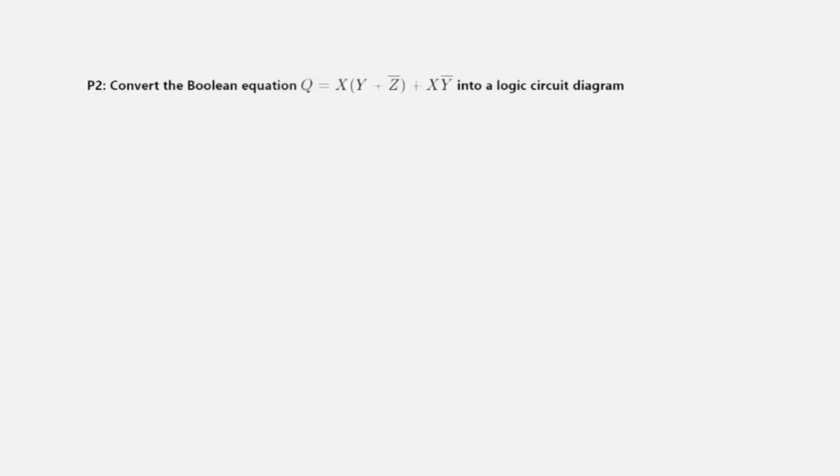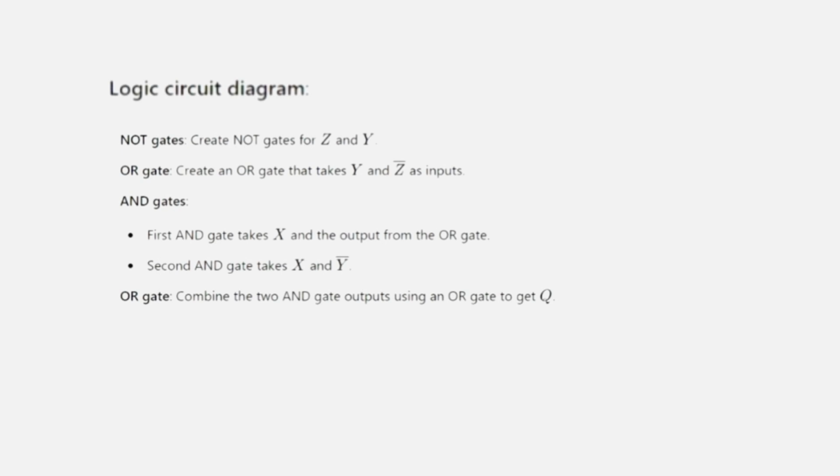And now we are going towards the part 2 section where we are going to construct the circuit diagram. For a logic circuit diagram, we are going to follow the rules. The rules are: create NOT gates for Z and Y, create an OR gate that takes Y and Z naught as the input.